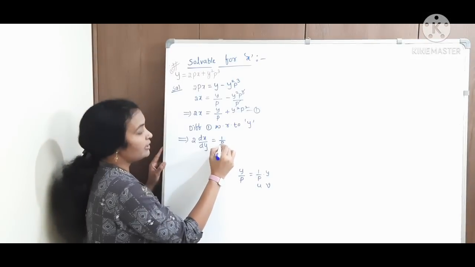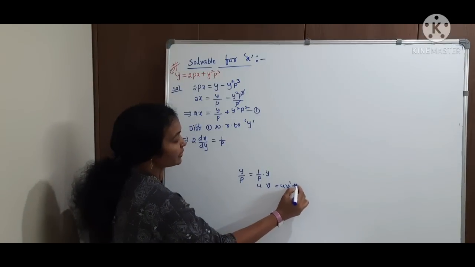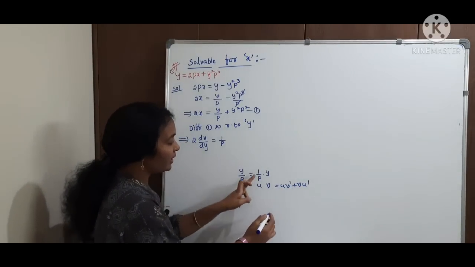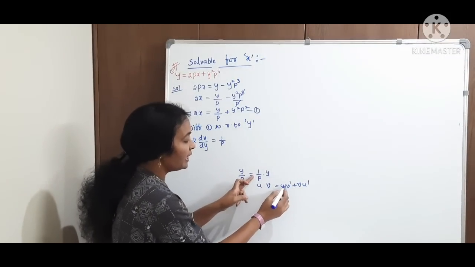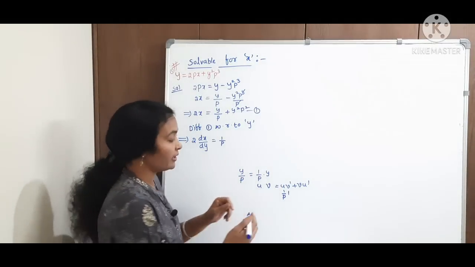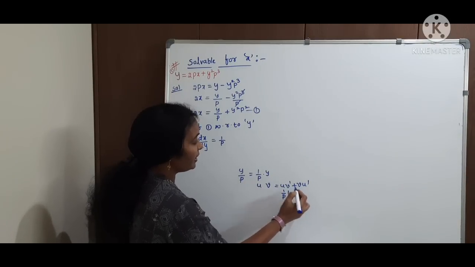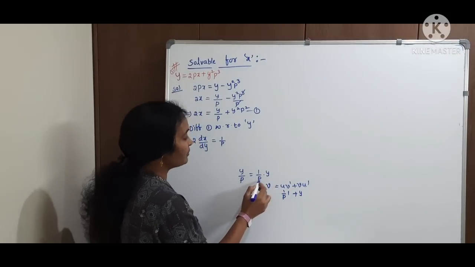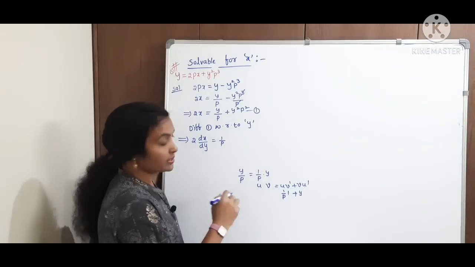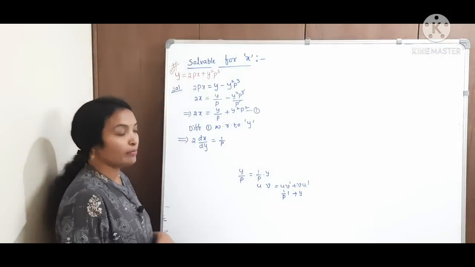U, differentiation of uv rule, you know that uv dash plus vu dash. అంటే ఎలా వస్తుంది? 1 by p, differentiation of y is 1 dy by dy, right? Plus v is what? Y. U dash means what? U dash means 1 by p differentiation minus 1 by p square.